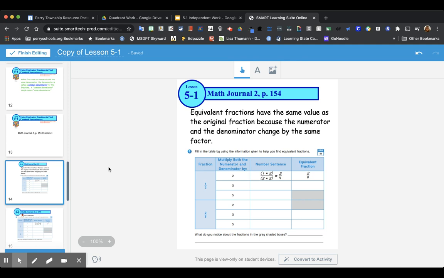So on page 154, you see that there is problem number 1, and it's a continuation of that chart, that table that we looked at. Equivalent fractions have the same value as the original fraction because the numerator and the denominator change by the same factor.